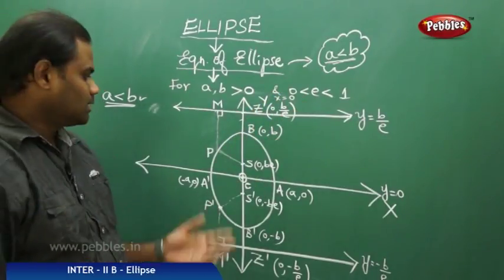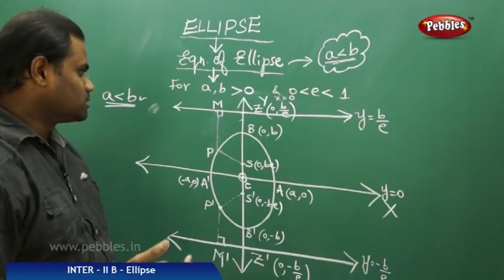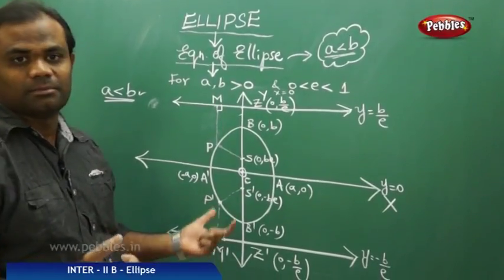This is how we get each of the properties which we identified in the previous case.